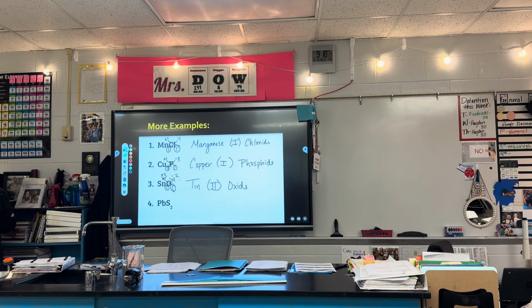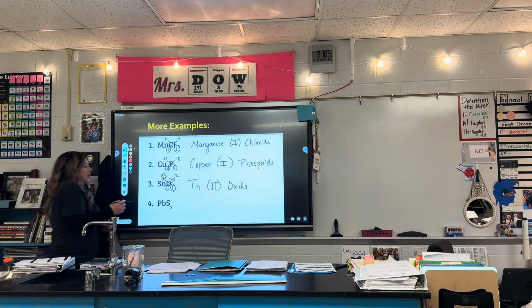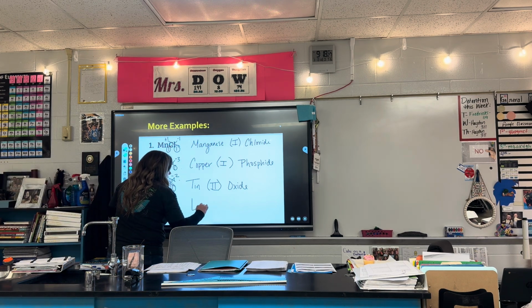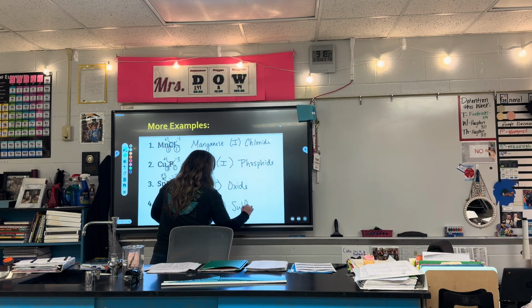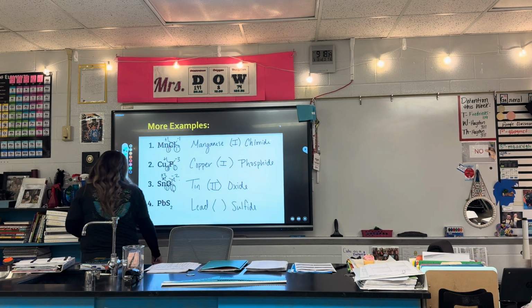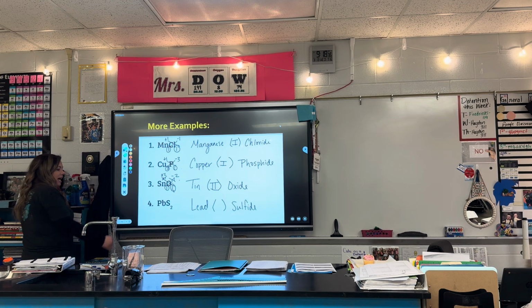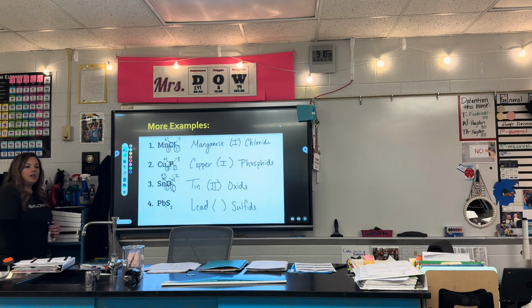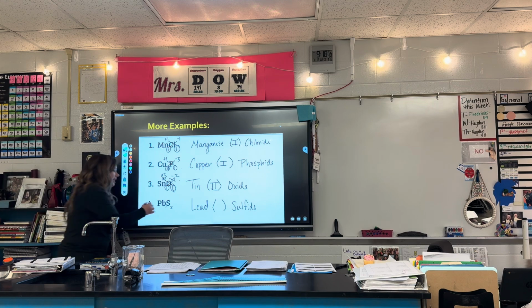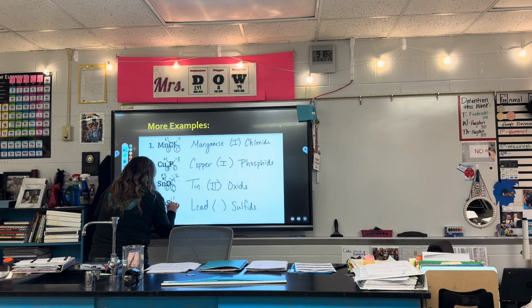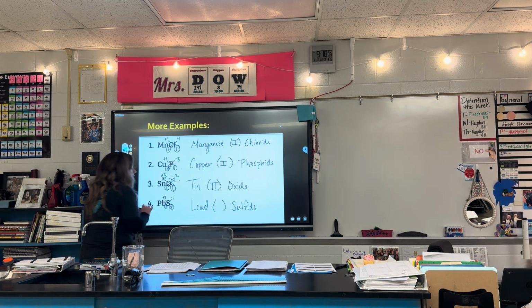Alright, and the last one, PbS2. Alright, so lead, group 14 metal. So we gotta figure out its charge. So we have lead. What's sulfur gonna become? Sulfide. Alright, if we uncross, we currently have a 1 for lead. So we would uncross, we would get -1 for sulfur and +2 for lead.